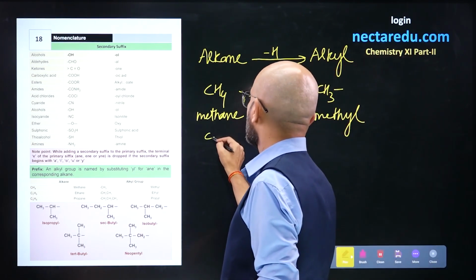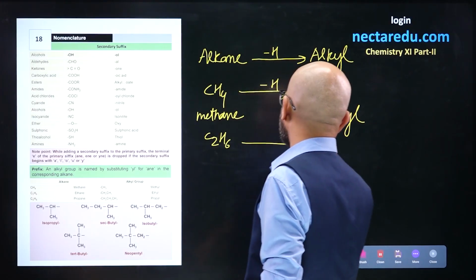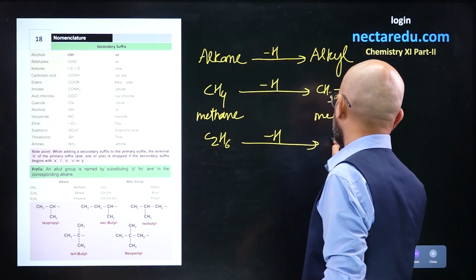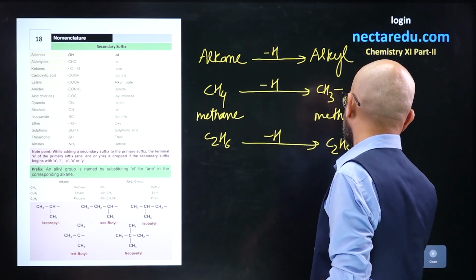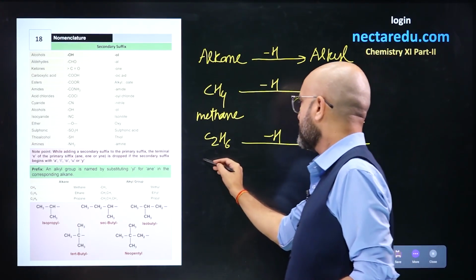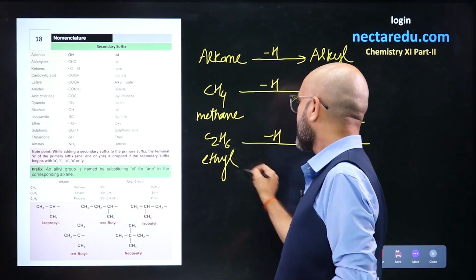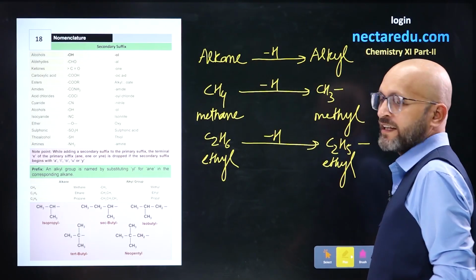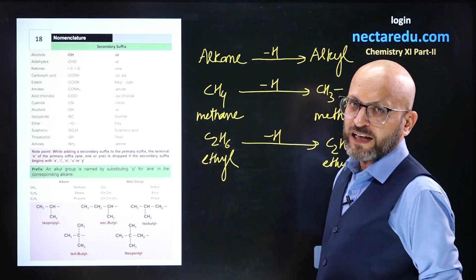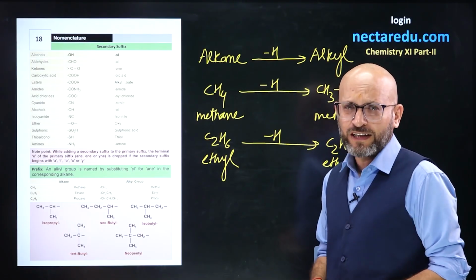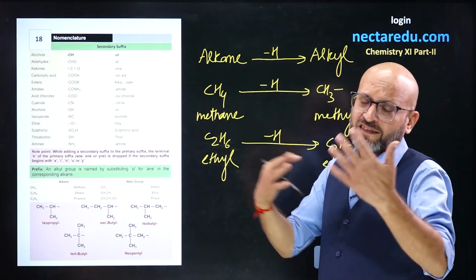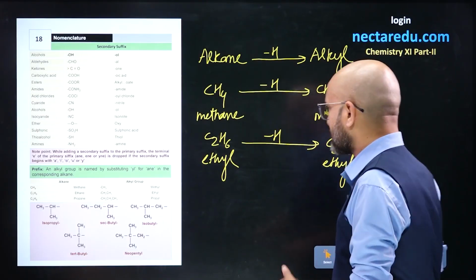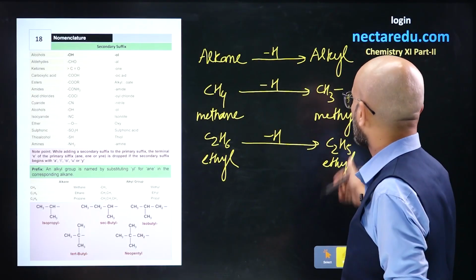Similarly, if we have C2H6, ethane, and we remove one hydrogen from here, we get C2H5. The alkyl we obtained is known as ethyl. Similarly, a 3 carbon alkyl is known as propyl, 4 carbon is butyl, 5 carbon is pentyl, 6 carbon is hexyl. So this is how you can get alkyl groups.